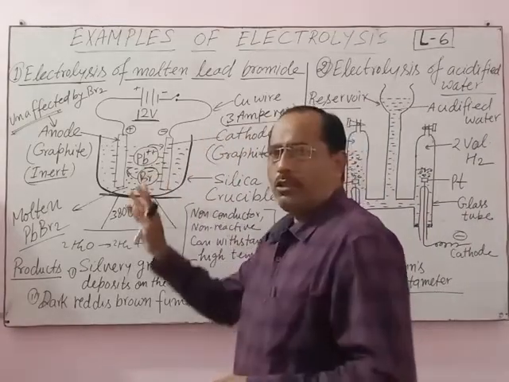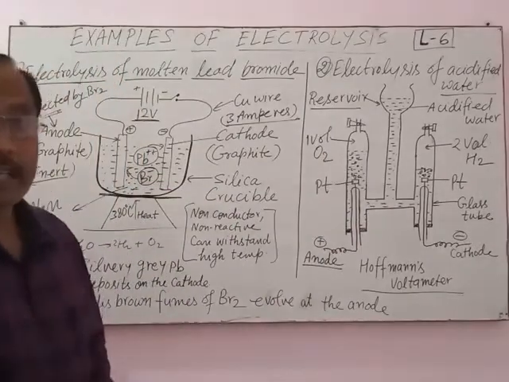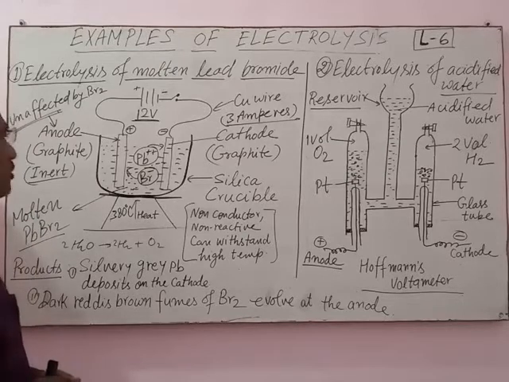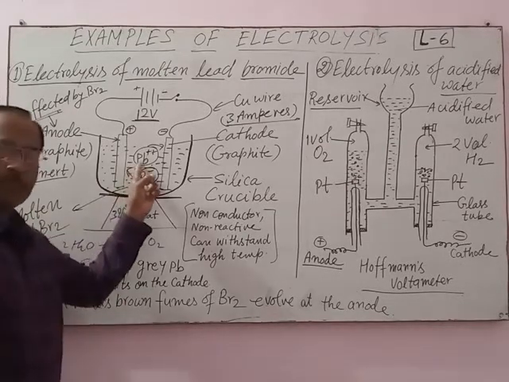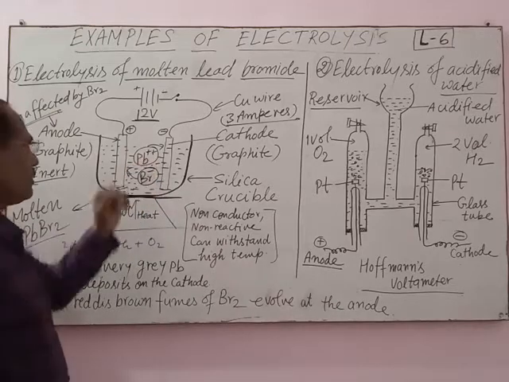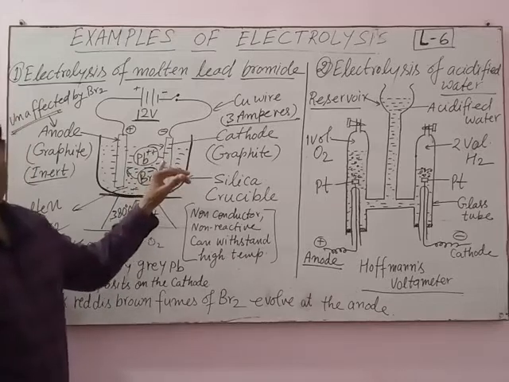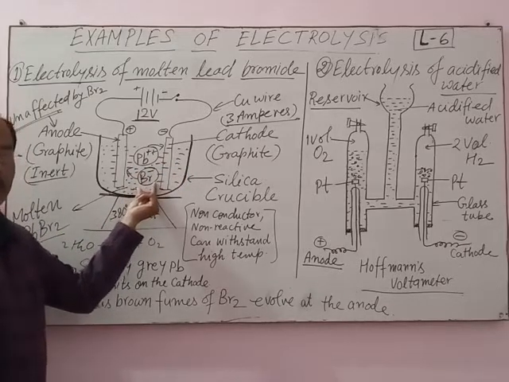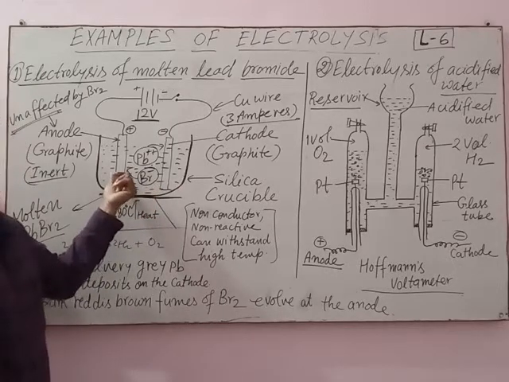According to the rules of electrolysis, cation migrates towards cathode and anion towards anode. In this case, Pb2+ ion is the cation which migrates towards cathode, and Br- is the negative ion which migrates towards anode.